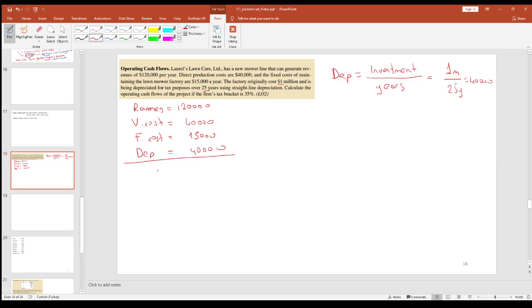So the result of this will be equal to earnings before interest and tax, and this is 25,000.